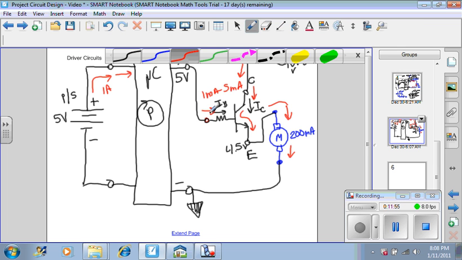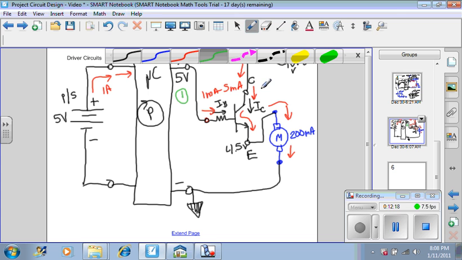So as you can see, now the microcontroller does not need to operate the motor at the 200 milliamp. It only needs to turn on the transistor. So now you have a two-step process. Step number 1, the microcontroller turns on the base.